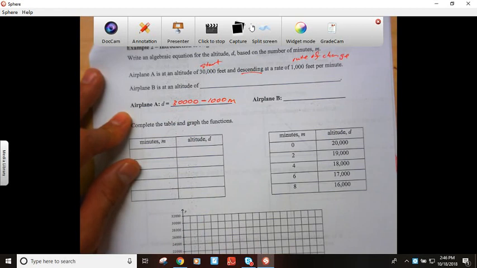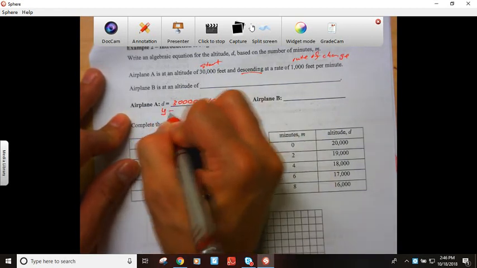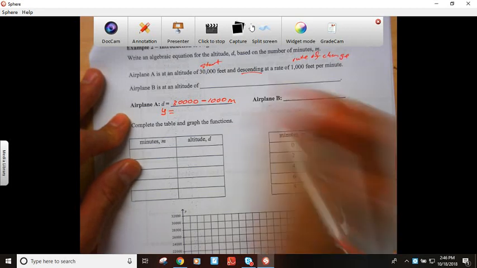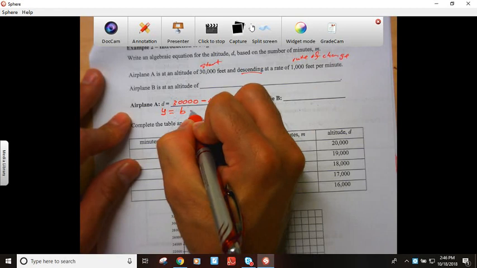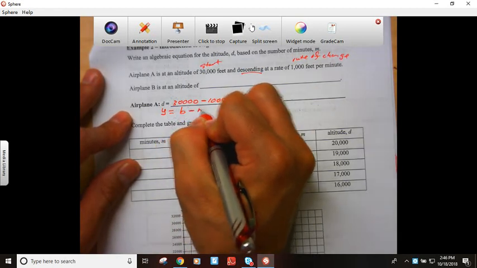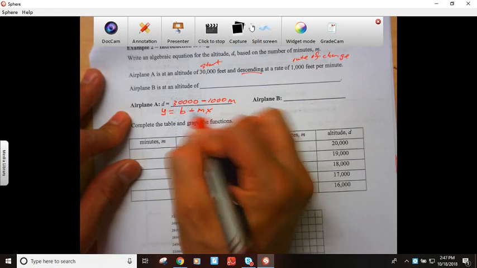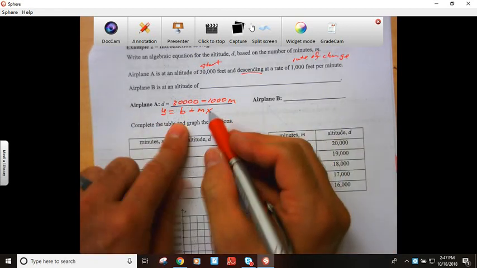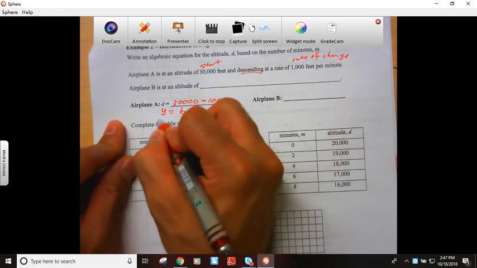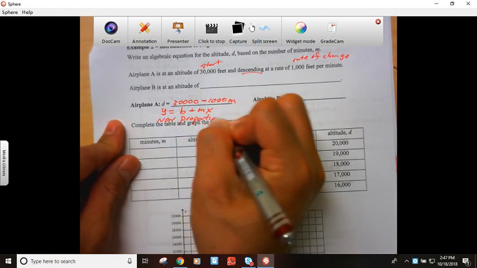So there's our format. Looking at our format, it looks like it's in the format of y equals b minus mx. But remember, that's the same thing as b plus mx, where it's adding a negative m value. So this looks like it should be a non-proportional relationship.